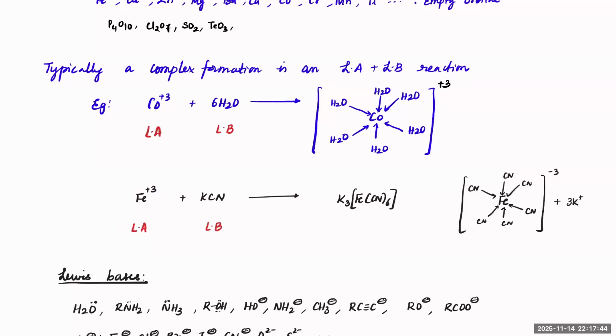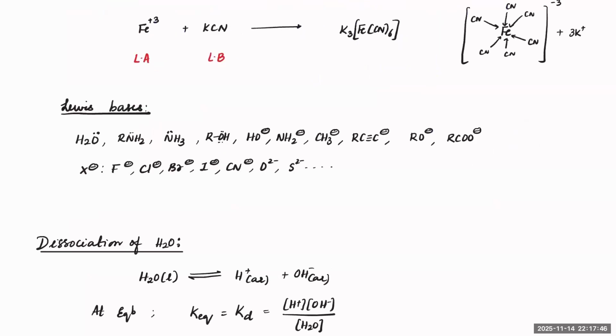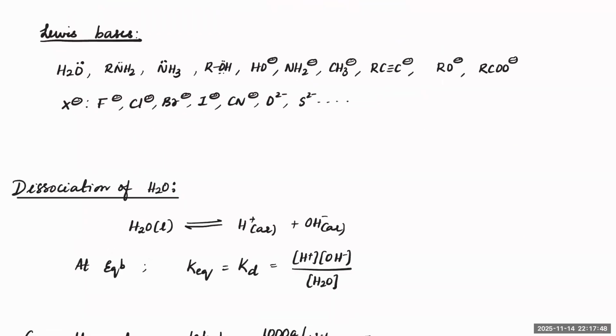Lewis bases: anything which carries a lone pair, simple. If they carry a lone pair on the central atom, chances are they can act like Lewis bases. So you can see water, ammonia, amines, alcohols, anything which is negatively charged. H minus, RO minus, CH3 minus, even H minus, I forgot to write that.